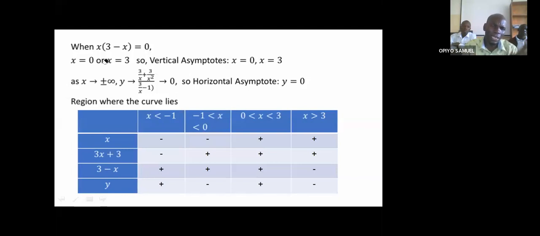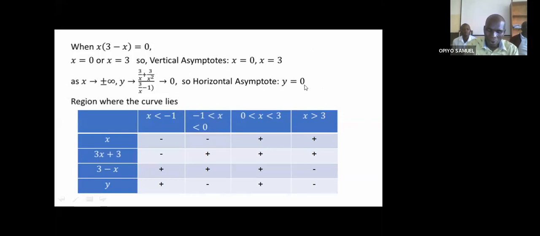You start with intercepts, turning points, then asymptotes, and then the regions where the curve lies. The order does not matter. You can start with any. In some instances, some curves will not lie within a given region, so in that case you will also need to determine that region.